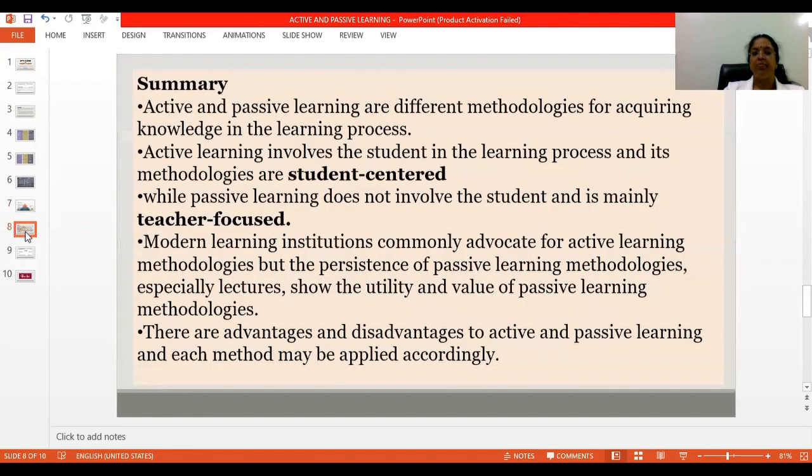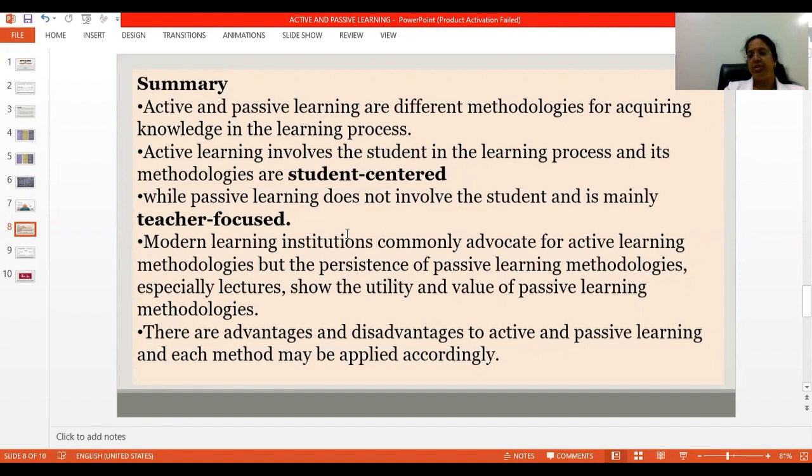As a summary, active and passive learning are different methodologies for acquiring knowledge in the learning process. Active learning is student-centered, while passive learning is mainly teacher-focused or teacher-centered.